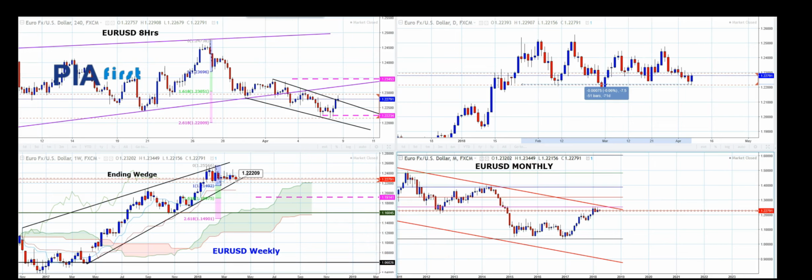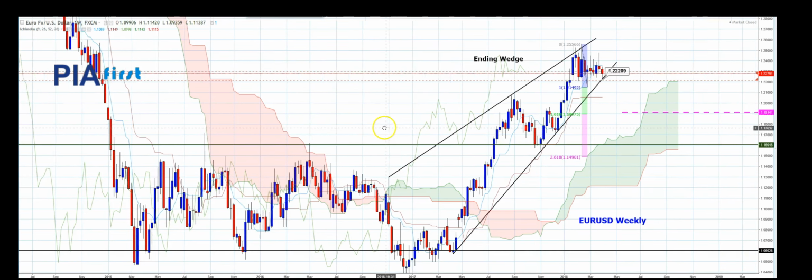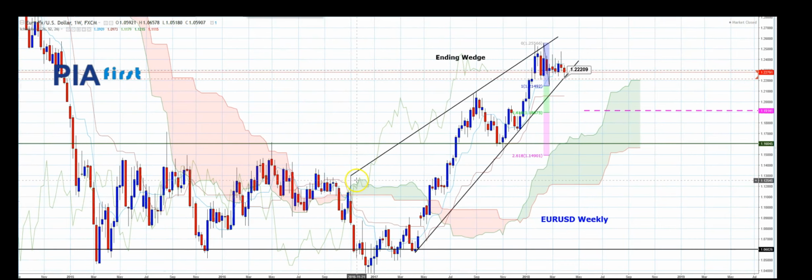If we break down to the weekly chart, here we can see that we've got the potential of an ending wedge pattern, and for quite a prolonged period of time now we've seen some consolidation in this major currency pair. Last week's sell-off stalled at the trend of higher highs.